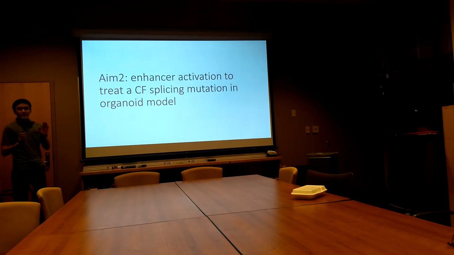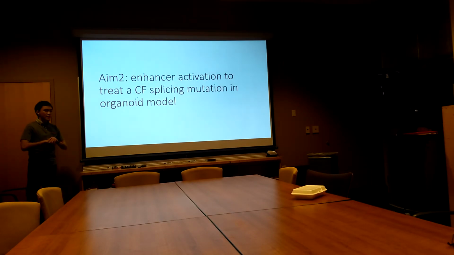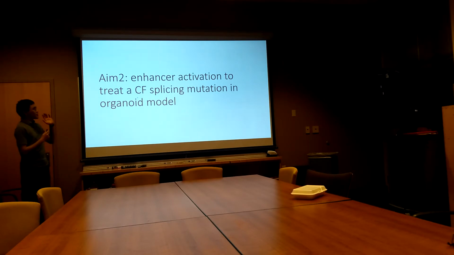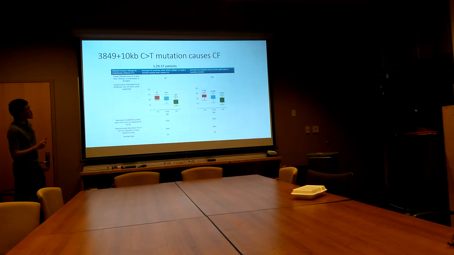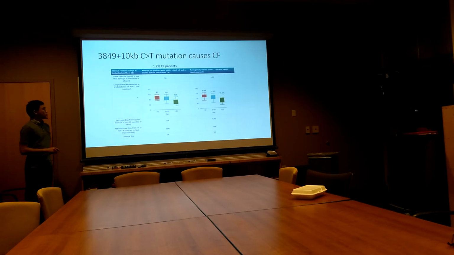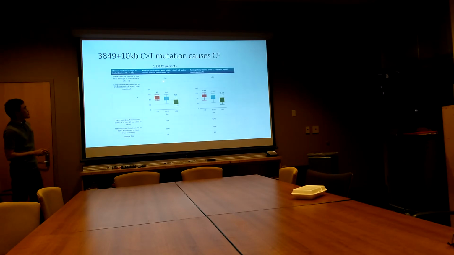And the next thing is to study the splicing mutation in the organoid model. So first I would like to address this mutation, which occurs in 1.2% of CF patients and has a mild phenotype compared with the general CF mutations.